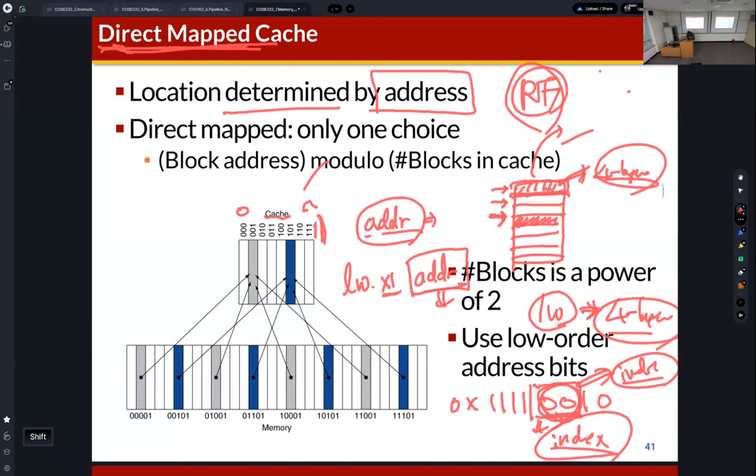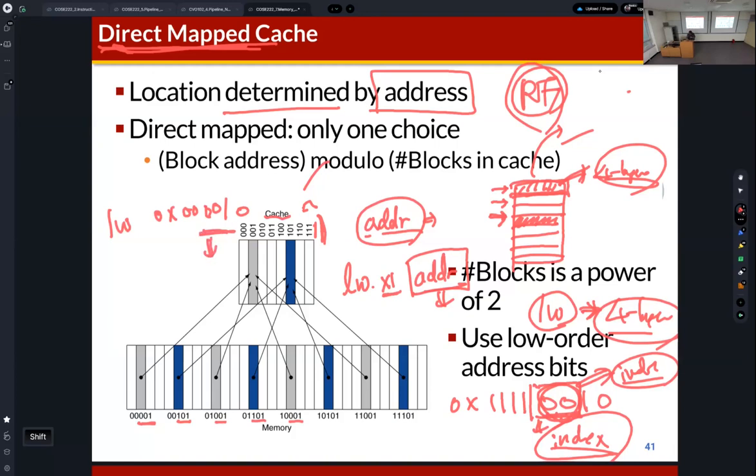So we use the lower 3 bits as the index of the cache. What does that mean? We just read data using the word address 00001. Then what are the lower 3 bits? The lower 3 bits are 001.